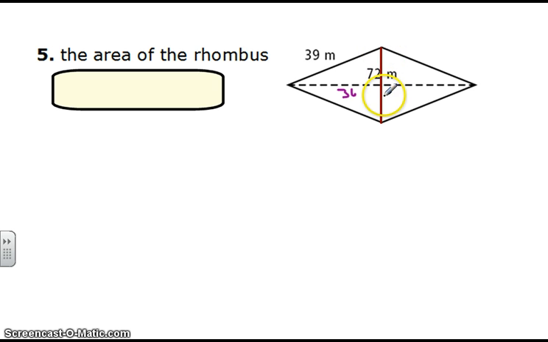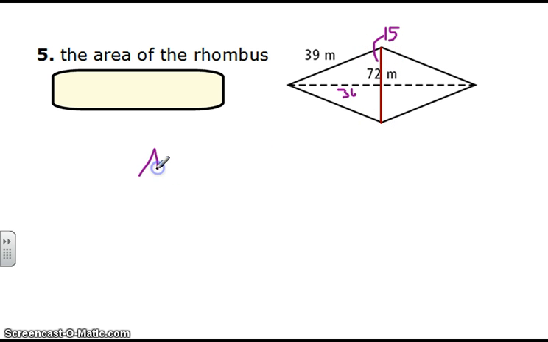So we can use that information to find the unknown leg. And so go ahead and find it. Okay, using your Pythagorean, hopefully you found that this half of the second diagonal is 15, right? Good. So once we have that, we now can determine the entire length of this diagonal, which is, good, 30.